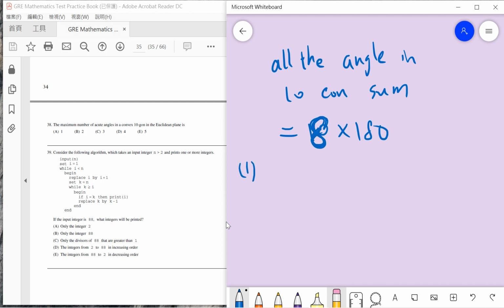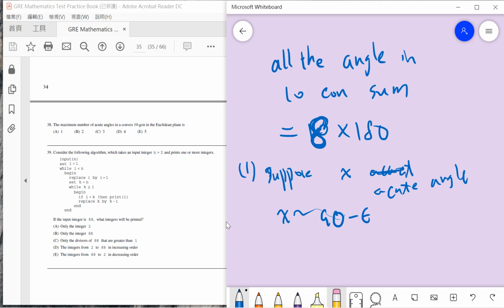Suppose the acute angle is close to 90 degrees. So suppose we have x acute angles, and x is very close to 90, and suppose y obtuse angles.